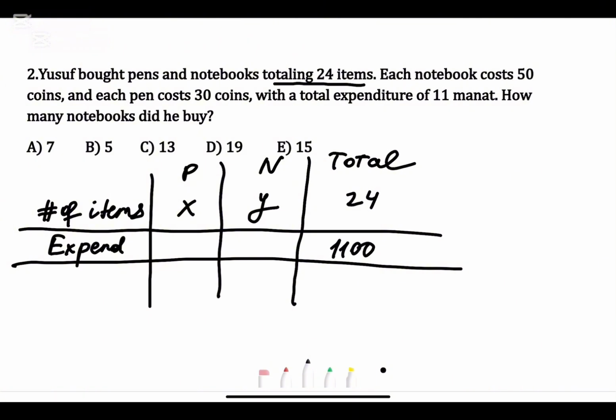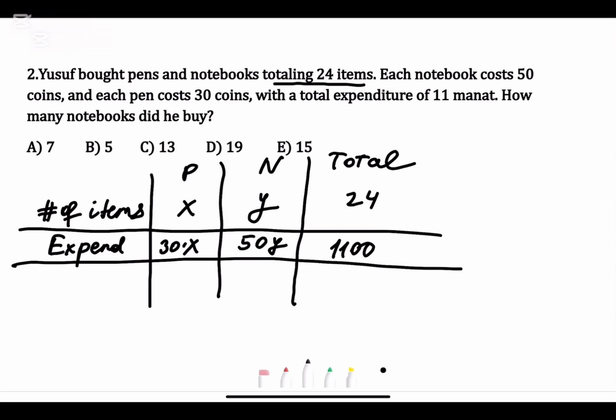And since each pen costs 30 coins, X pens will cost 30 times X coins. If we have Y number of notebooks, and if each notebook costs 50 coins, it's going to be 50Y coins, the expenditure on notebooks only.